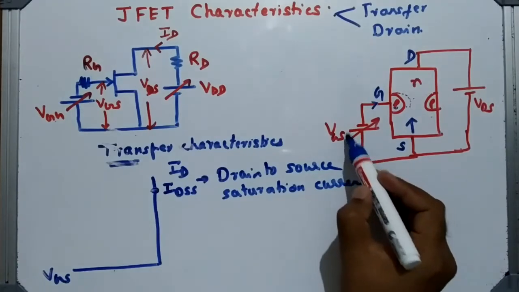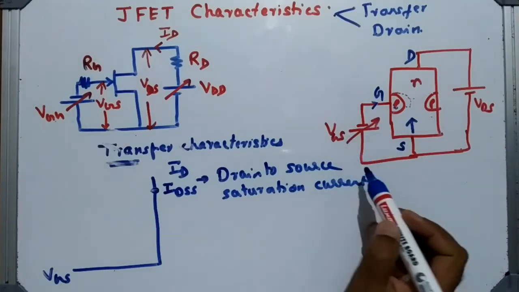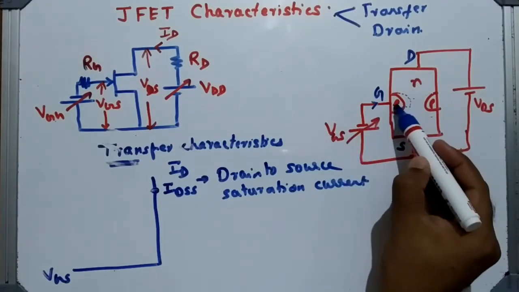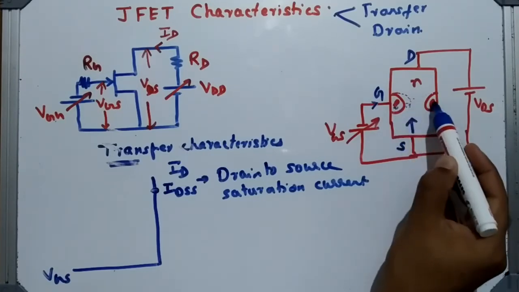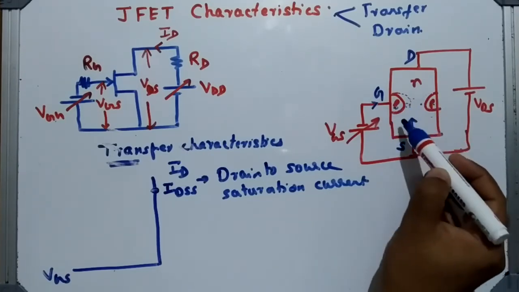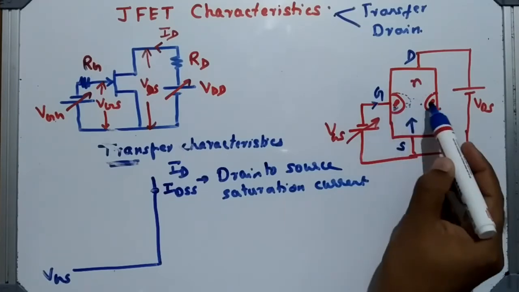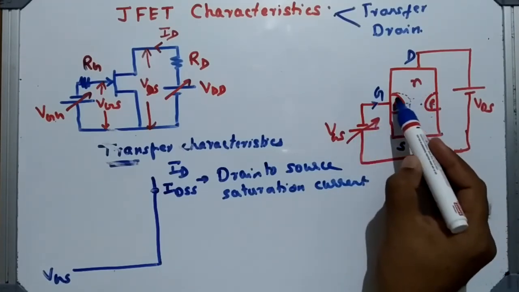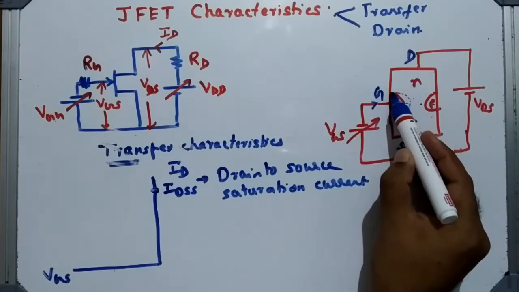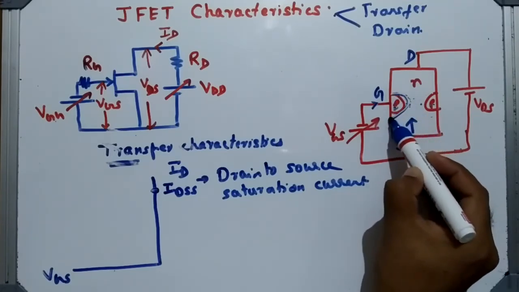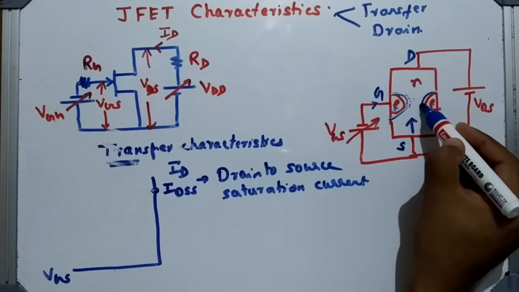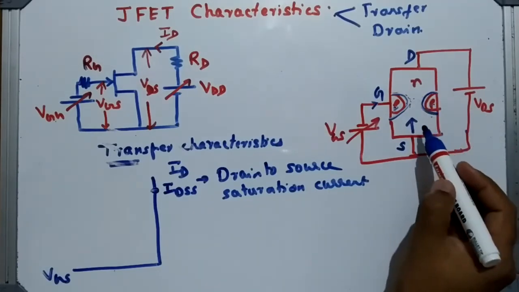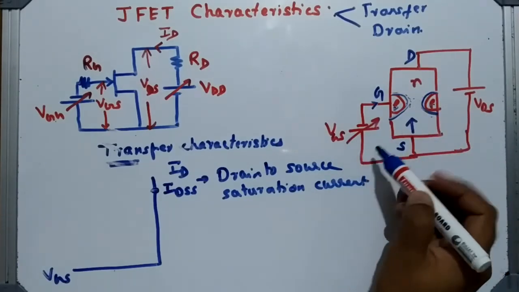Now, you increase VGS in the negative direction. Gradually, the reverse bias on the PN junction increases here as well as here. These two are internally connected. So whatever the effect here will reflect here also. When you increase the reverse bias, the width of the depletion region widens and it will cover the channel. Let us say this one for a particular value of VGS.